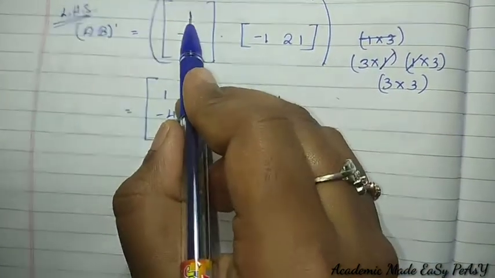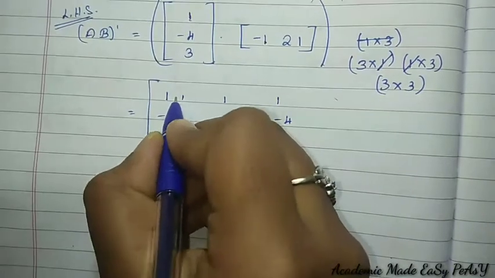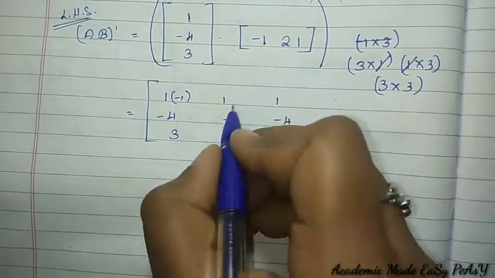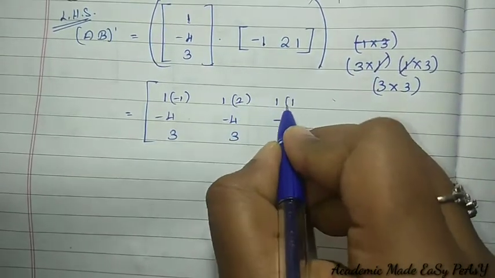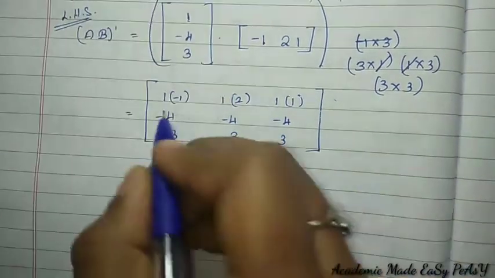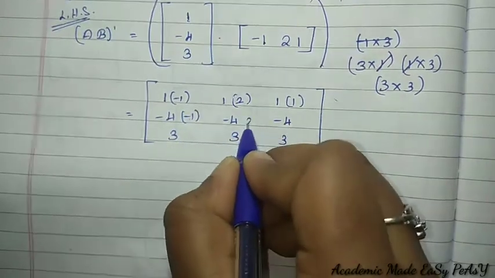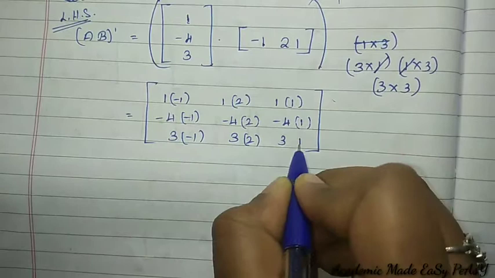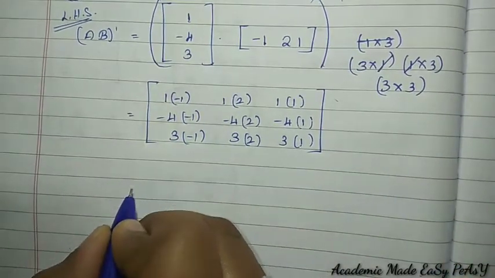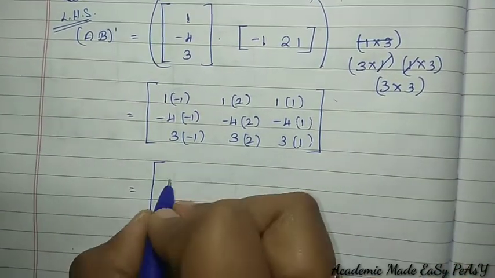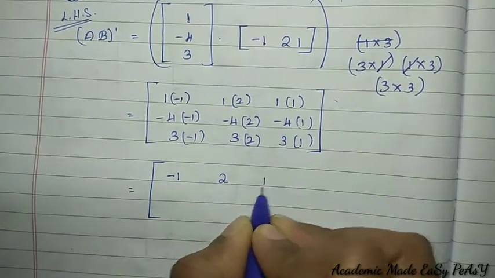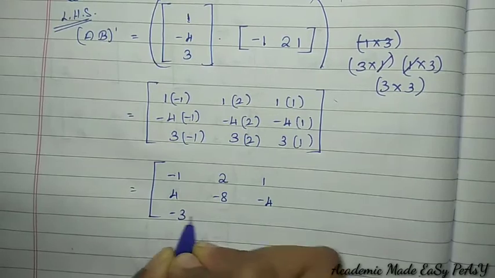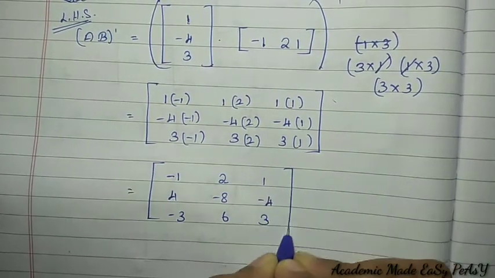So first element with first column. Since I don't have second element, I'm just leaving it. So here 2, 1. So now directly I can write it down. So my matrix will be minus 1, 2, 1, 4, minus 8, minus 4, minus 3, 6, 3.